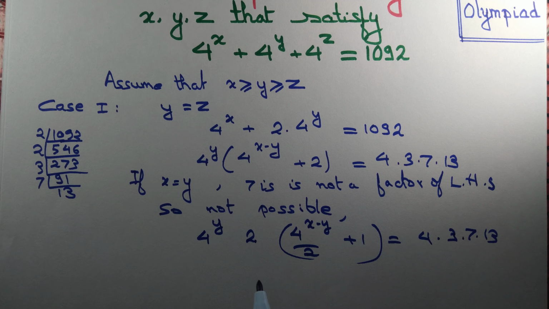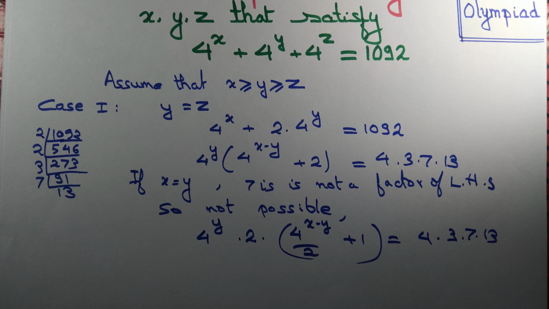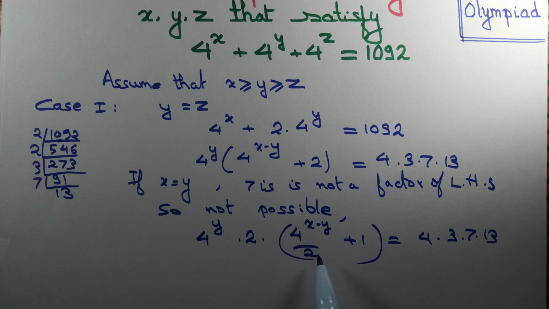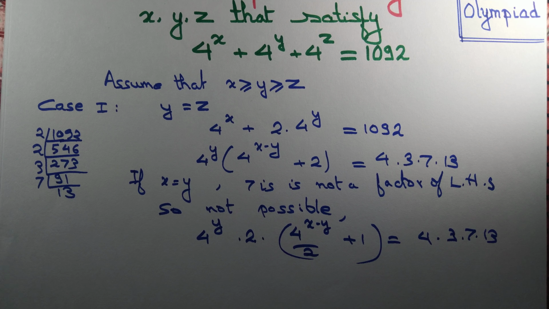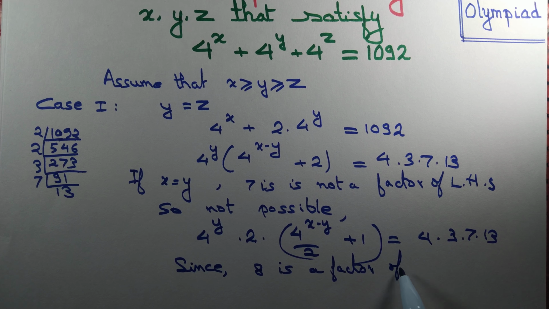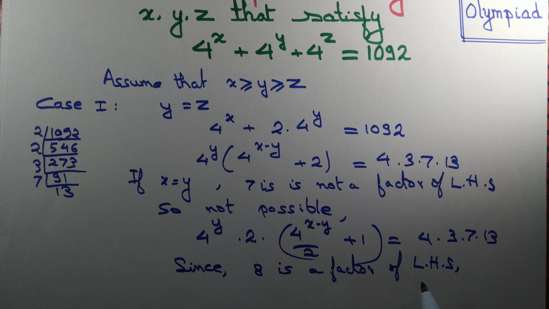You see that if y were 0, then this quantity is odd, and this is even. We cannot take y equal to 0 because we are having positive integers, but y is at least 1, so 4 into 2 is 8. 8 is a factor of the left hand side, but not of the right hand side, a contradiction.